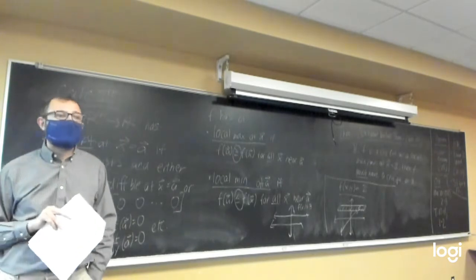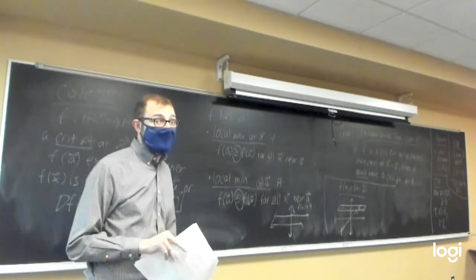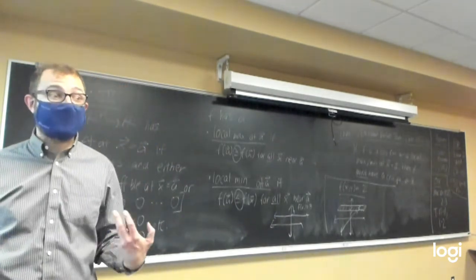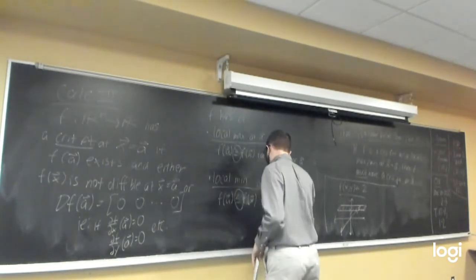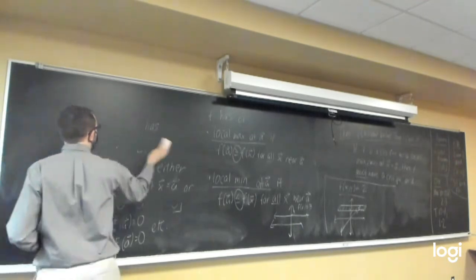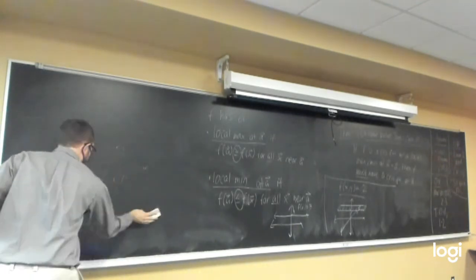So what I'd like to do now is take a look at a graph of 3 different functions, and I want you all to tell me where it looks like this function has a local max, a local min, or potentially neither. So specifically, I want to look at the functions.